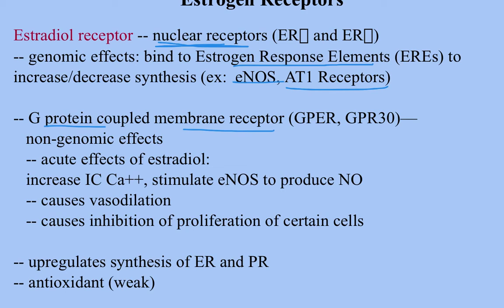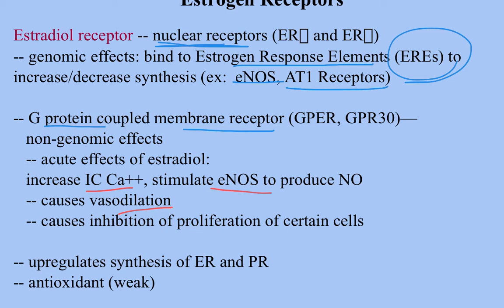And what these do is instead of having genomic effects, in other words, instead of directing the synthesis of new proteins, these will have more acute effects on the cells, such as an increase in intracellular calcium, stimulating nitric oxide synthesis to produce nitric oxide to cause vasodilation when needed.